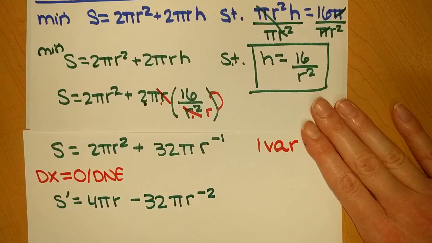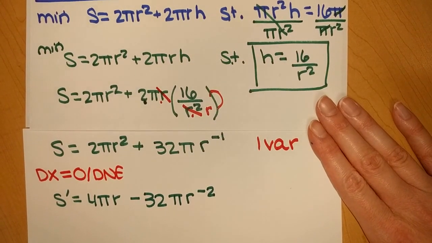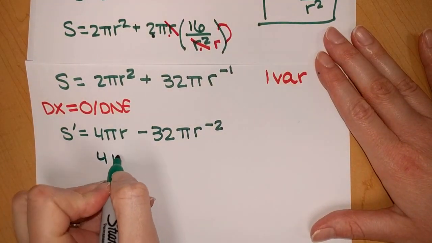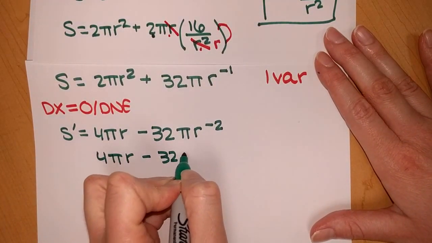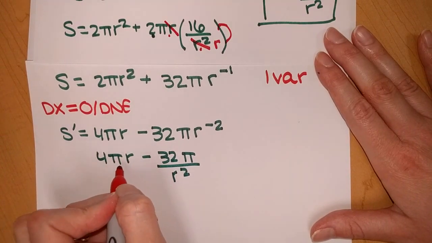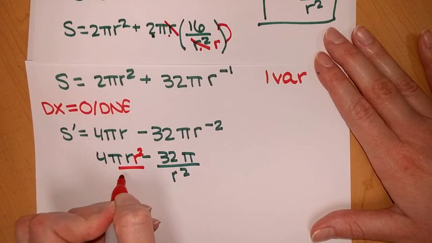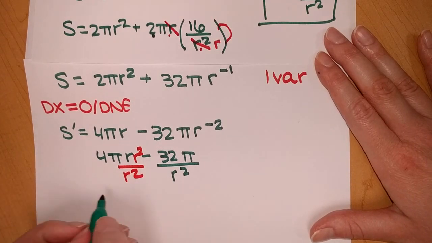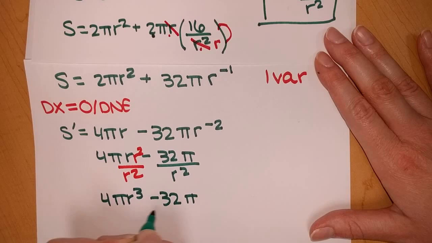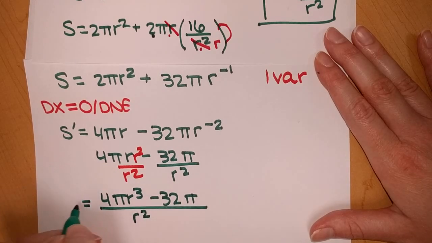Now, as we have discussed before, we always want to get a common denominator and get rid of our negative exponents. So I'm going to move the negative exponent down and then get the common denominator by multiplying the first term by r squared over r squared. So that gives us 4 pi r cubed minus 32 pi over r squared.